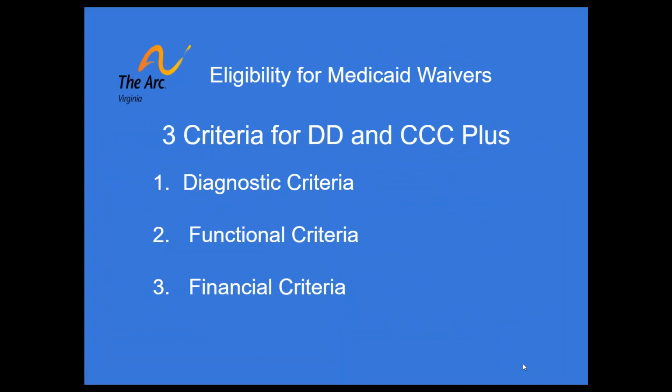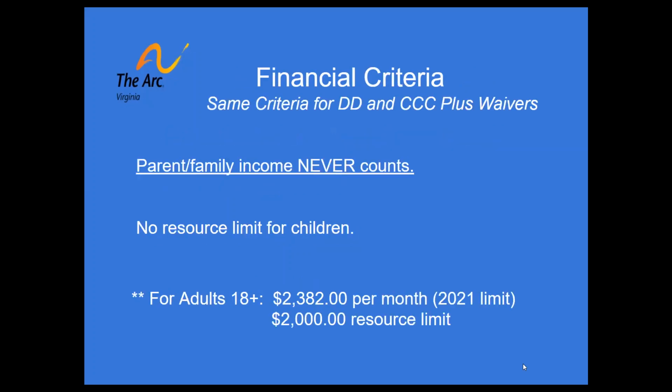To be eligible for either waiver, there are 3 criteria that a person must meet. They are diagnostic, functional, and financial criteria. The financial criteria are the same for both waiver programs. Many people think that for Medicaid waivers, parent or family income is considered.